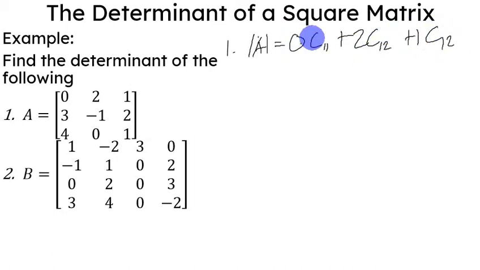And since this is 0, this gets cancelled out, so we only need to compute for the other two.